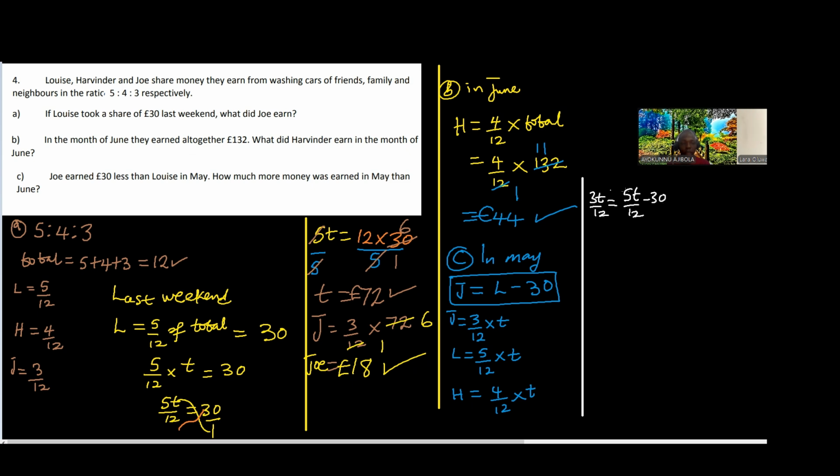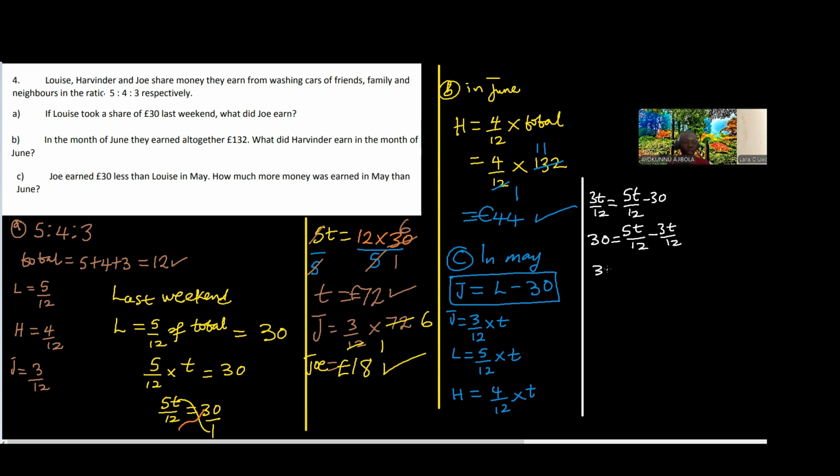We can use this to find the total. If I bring 30 to the left side, 30 becomes positive, and 5t over 12 remains on the right side. Then I bring 3t over 12 over to become negative.